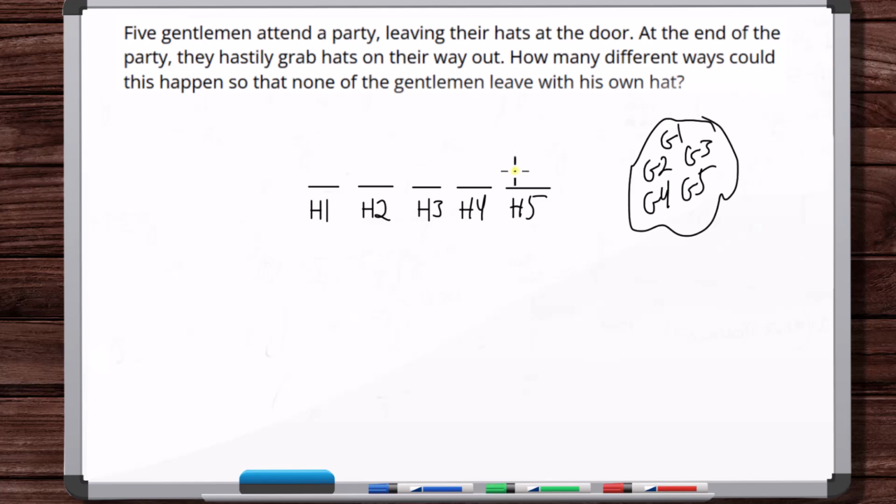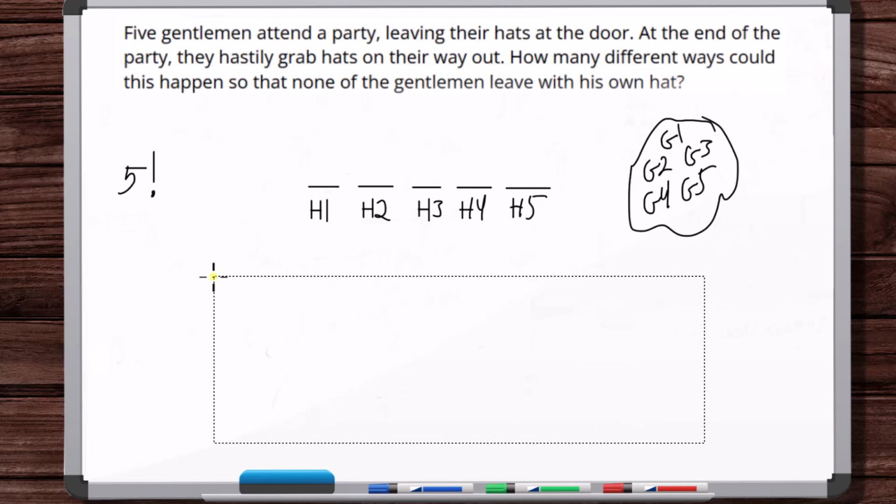You're going to have a problem like this. And then you're going to say, well, using my basic counting skills, I can get a total count for this entire system. We can say that 5 factorial is all of the arrangements here, including where every guy has his own hat, including where one guy has his own hat and the others don't, whatever. 5 factorial is the entire system.